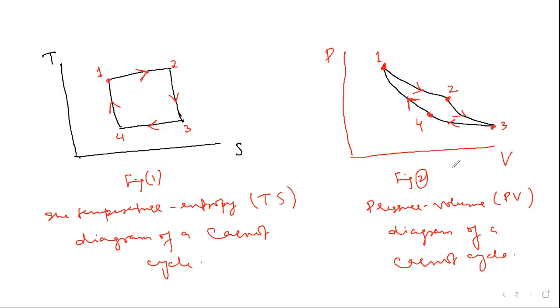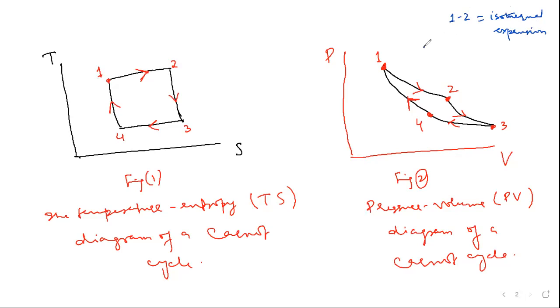What is happening? Let me use this small space here, and another color. So from 1 to 2, we have isothermal expansion, right?